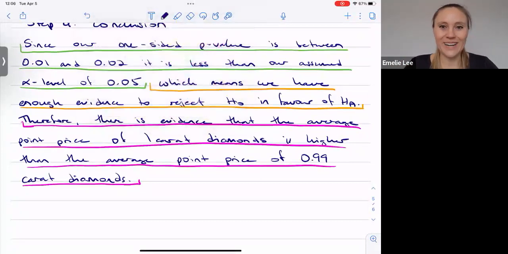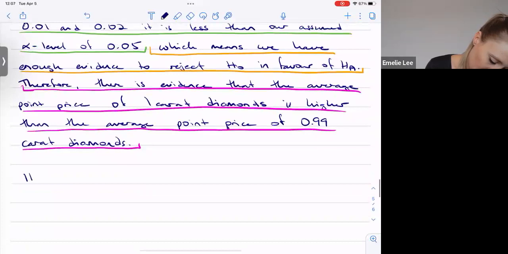Nice. The hypothesis test tells us whether there is a significant difference or if one is significantly higher than the other, right? But it doesn't tell us how much higher. And that's where the confidence interval comes in.